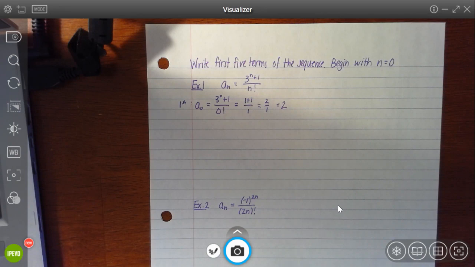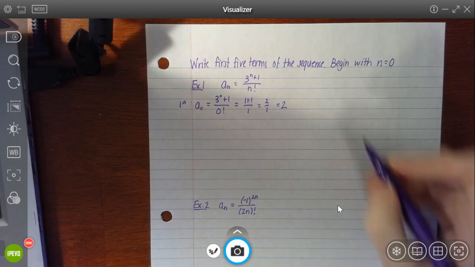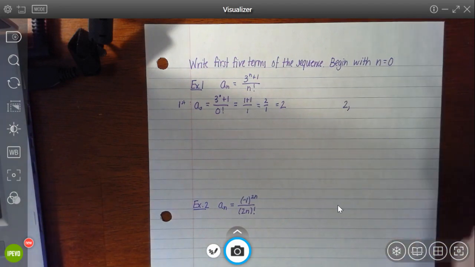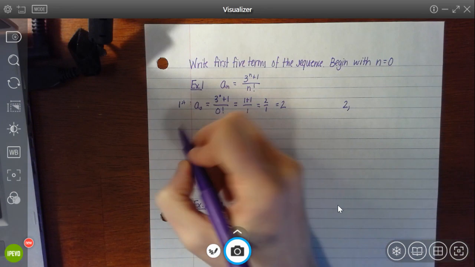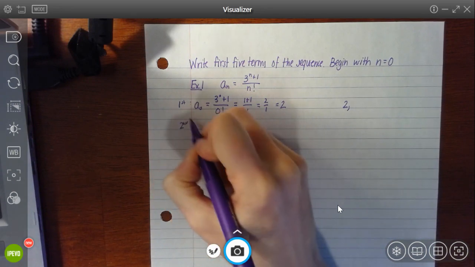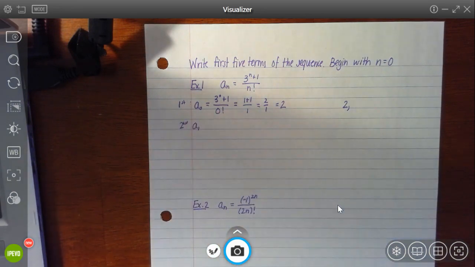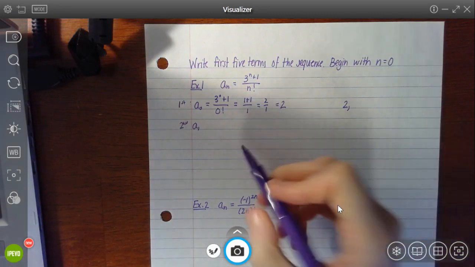So we want to generate the first 5 terms, so we're just going to keep repeating this process until we have 5 numbers in a row. Our first value was 2. To get our second term, we're going to go to the next integer, up to 1. So I'm going to go into that formula and replace my n's with 1.